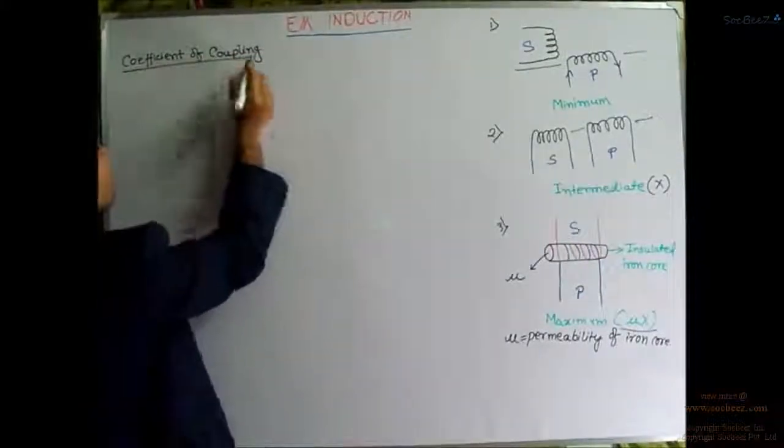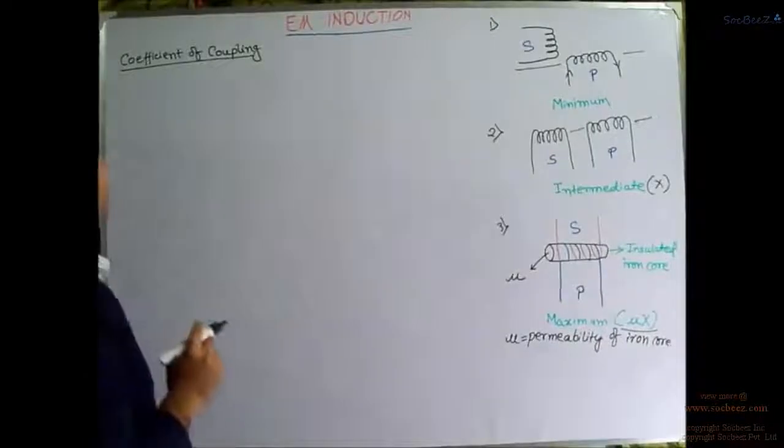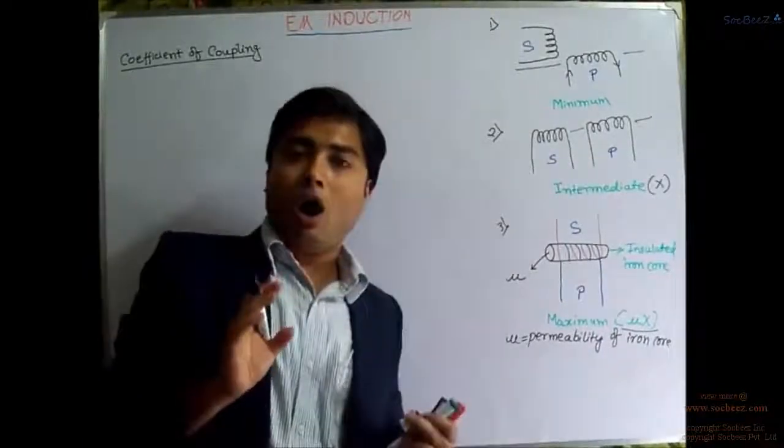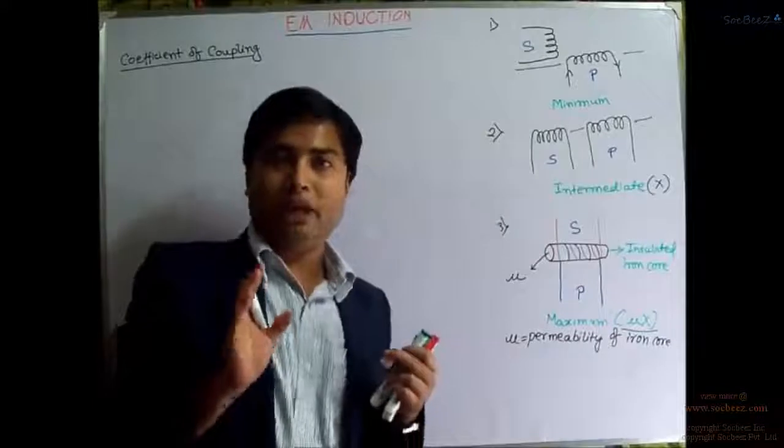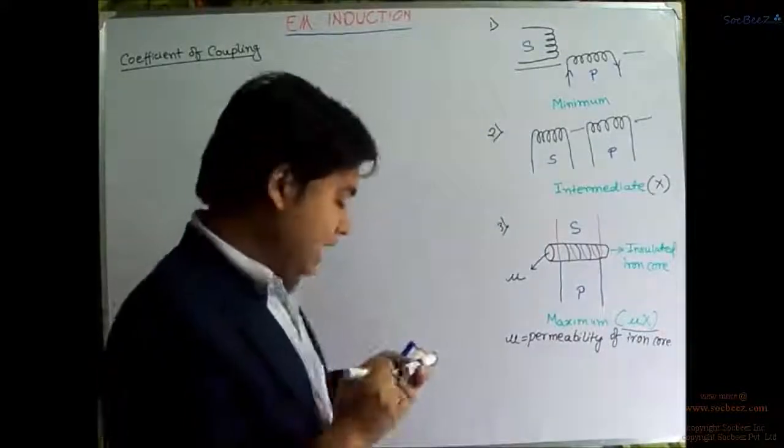The coefficient of coupling is basically the measure of coupling between two coils, right?